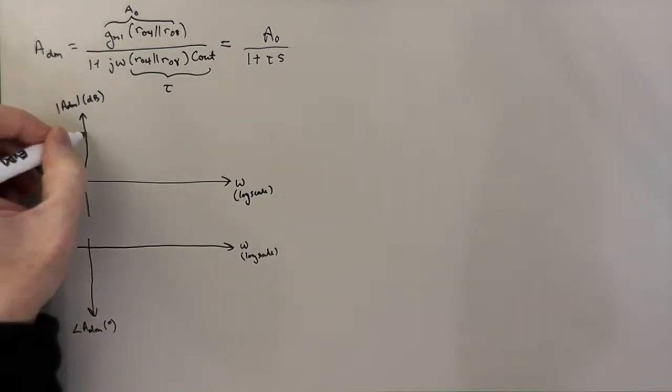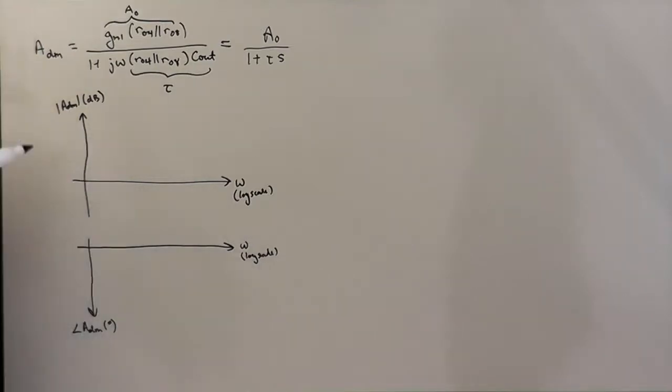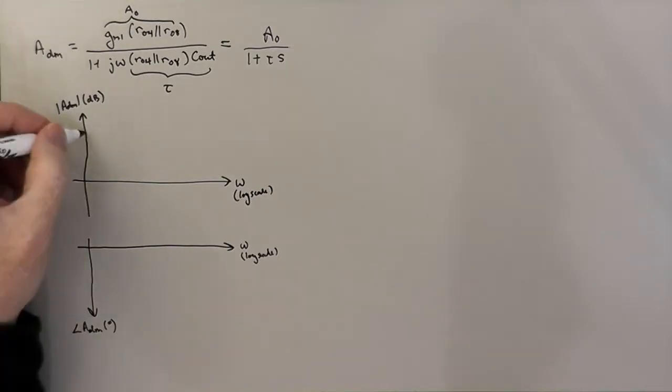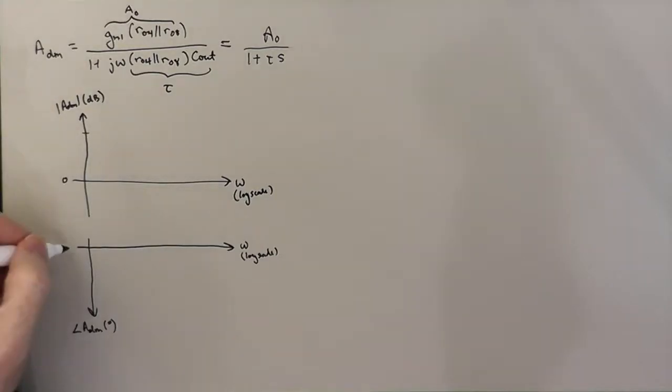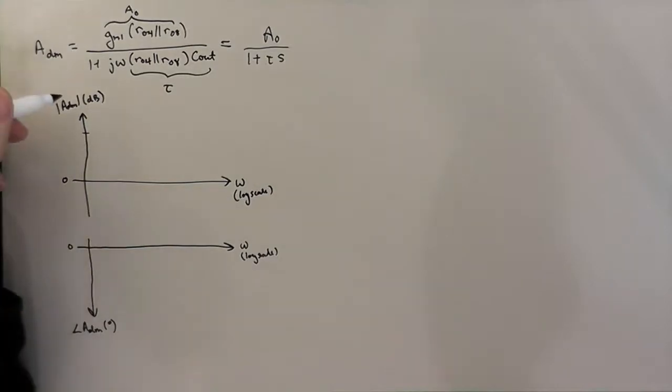But it's going to be a number that's bigger than 1. And so when you express that in dBs, which is 20 log to the base 10 of that number, a gain of 100 would be 40 dBs, since 20 times the log to the base 10 of 100 is 20 times 2, or 40. So that'll be up here somewhere. If this is the 0 dB line, and this is the 0 degree line, it might be somewhere up here.